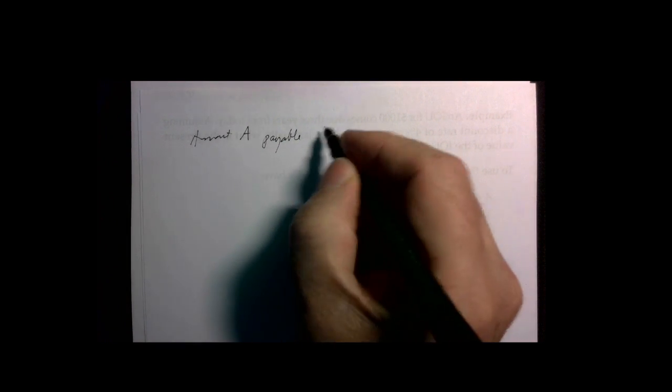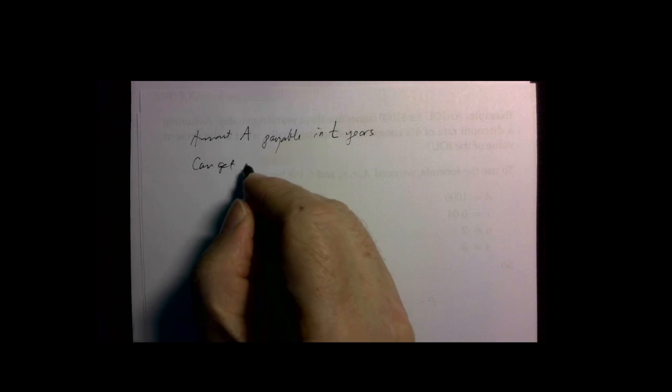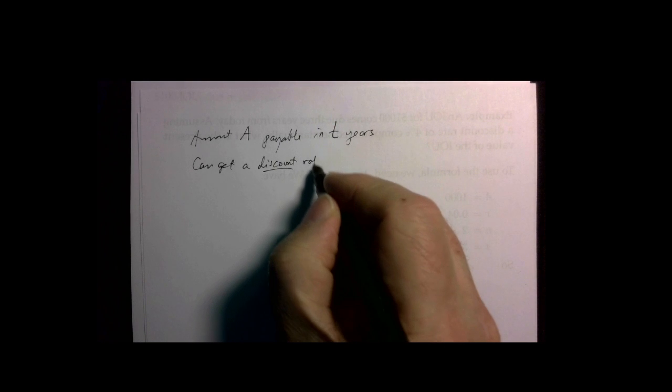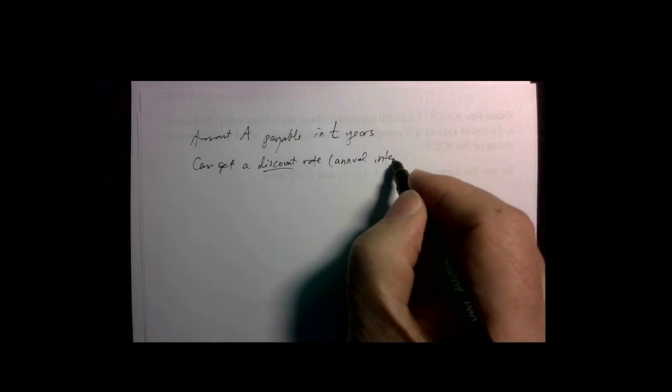So here's the deal. Suppose you have an amount A payable in T years. And you can get a discount rate, that is, an annual interest rate R, on a good investment.